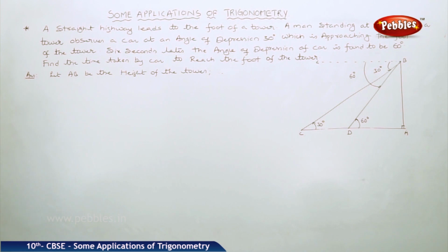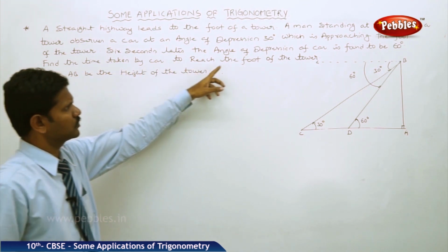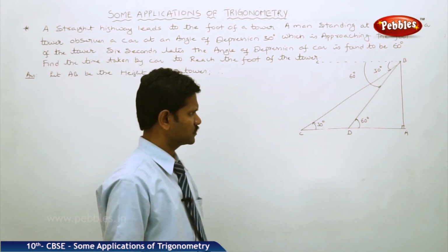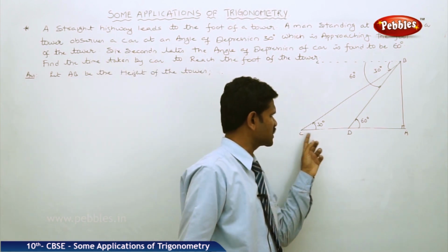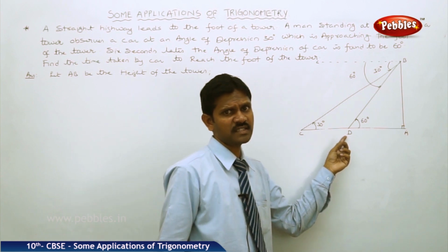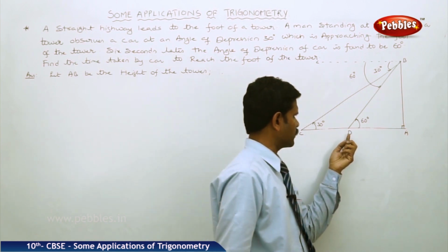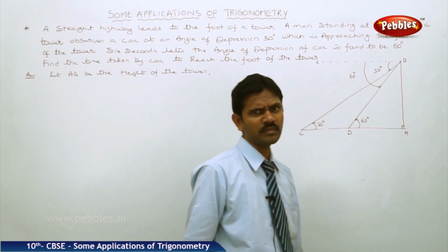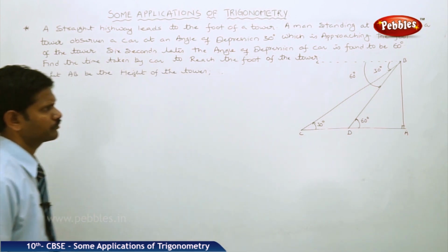Now, from the information, find the time taken by the car to reach the foot of the tower. That means from C to D it is 6 seconds. From D to A, how much time taken, he is asking.